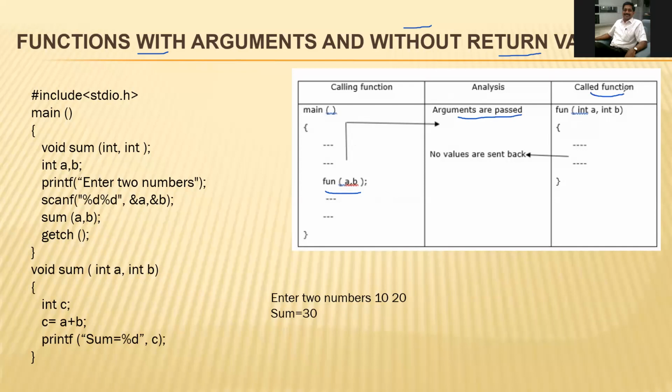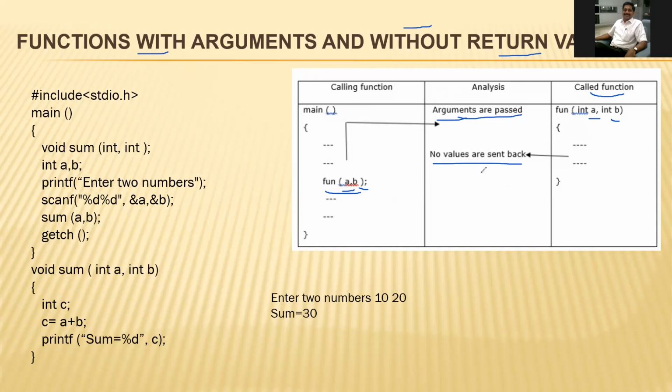These are actual values passed to the called function. What are these values? A and B, which are given in the calling function. But the called function calculates something and does not return any value. No value will be returned.